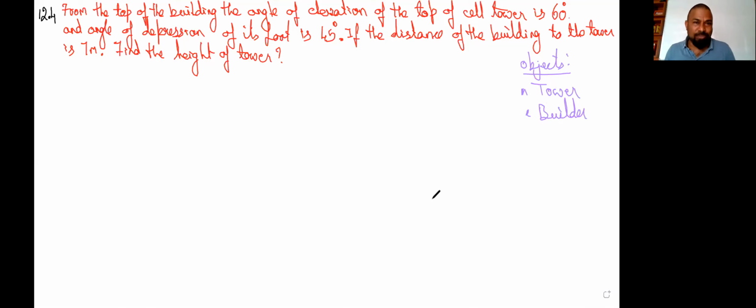All right, those are the two things he has given. Now, Sneha, can you please tell me where is the observer standing? The observer is standing on the top of the building. Yeah, so the observer is standing on the top of the building, right?